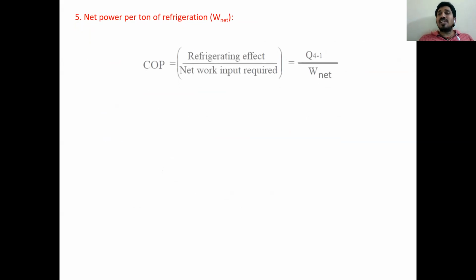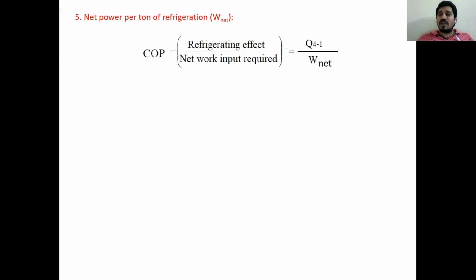Next one, the last one, is net power per ton of refrigeration. First neglect per ton of refrigeration. First we determine the net power value. After that we'll see how to obtain net power per TR. Net power is nothing but the amount of work input required to drive the refrigeration system. Net work done, net work input required.